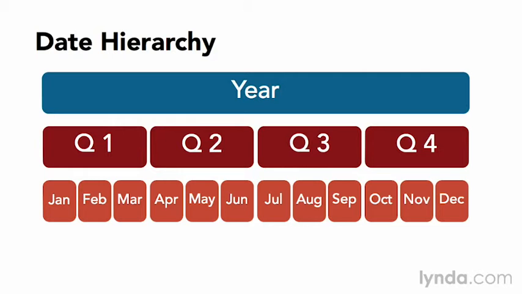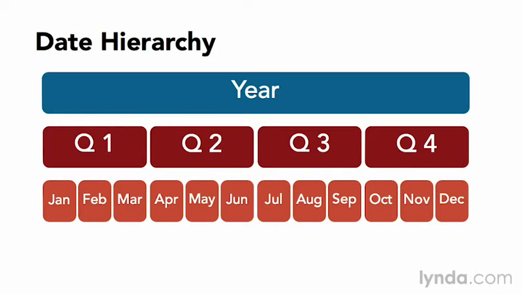And you can also think of hierarchies as things that we can expand. We can start with a year and then expand it so we show the quarters, expand the second quarter so that we see April, May, and June. Or that we're allowed to roll information up, that we have January, February, and March sales data that we roll up to quarter one, and we roll the 4 quarters up into the year.